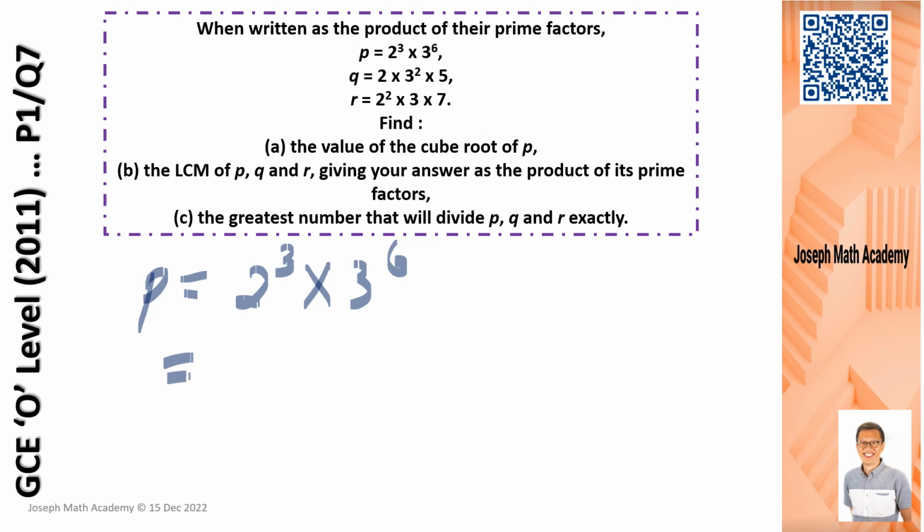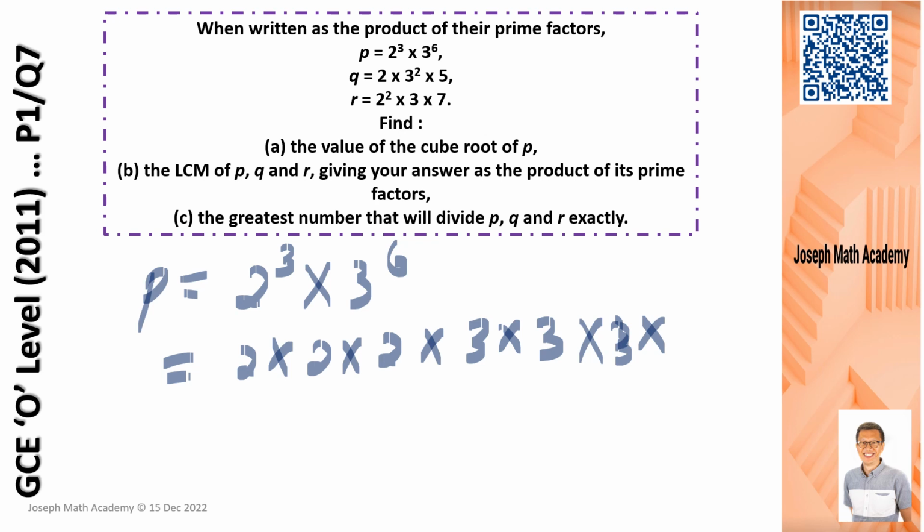I'm going to expand this so that it is easier to spot the cube root. We need to have six 3s: 1, 2, 3, 4, 5, and 6.